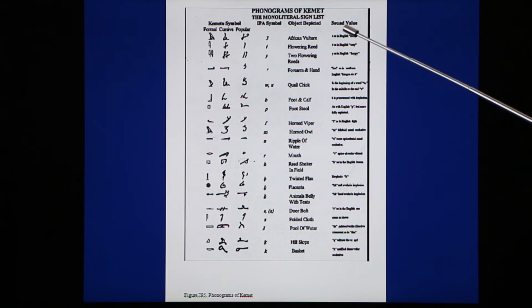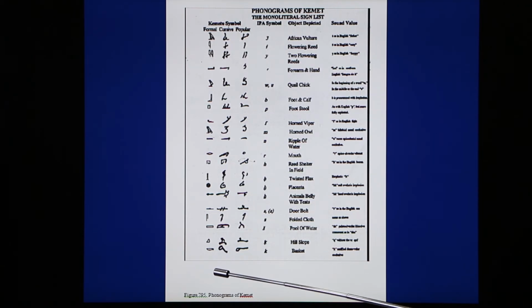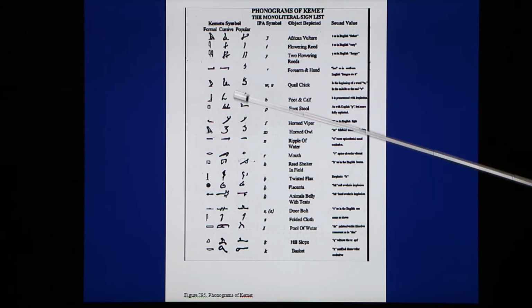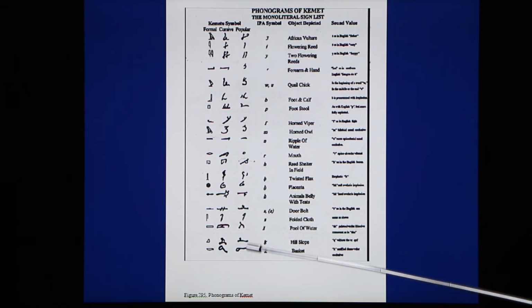So here are the phonograms of Kemet, the monoliteral sign list. So here is the formal way of writing those symbols. Here's the cursive way, and this is the popular way. So it's like writing capital letters at school, writing cursive, and then writing informally, the way the doctors do when they're doing prescriptions.